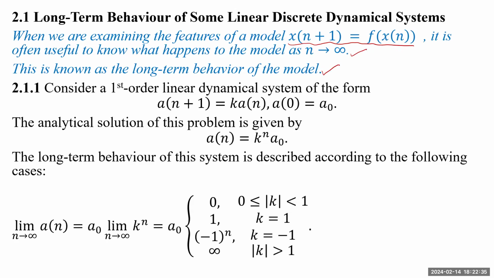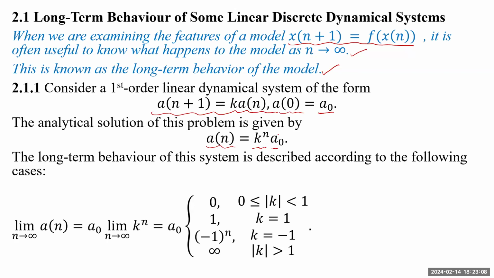See, for example, in our material, in the first example, let us say the dynamical system A of n plus 1 is equal to k times A of n, where A of 0 is equal to A naught. This is our initial condition. We know that the solution of this simple equation is A of n is equal to k to the power of n times A naught.